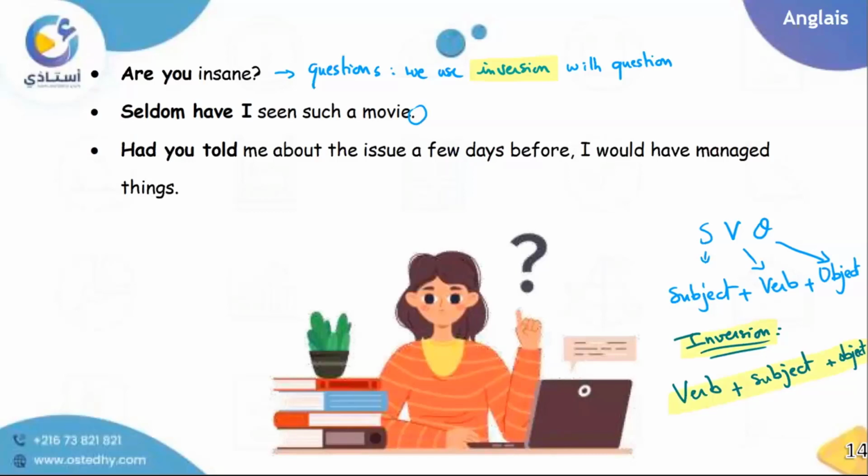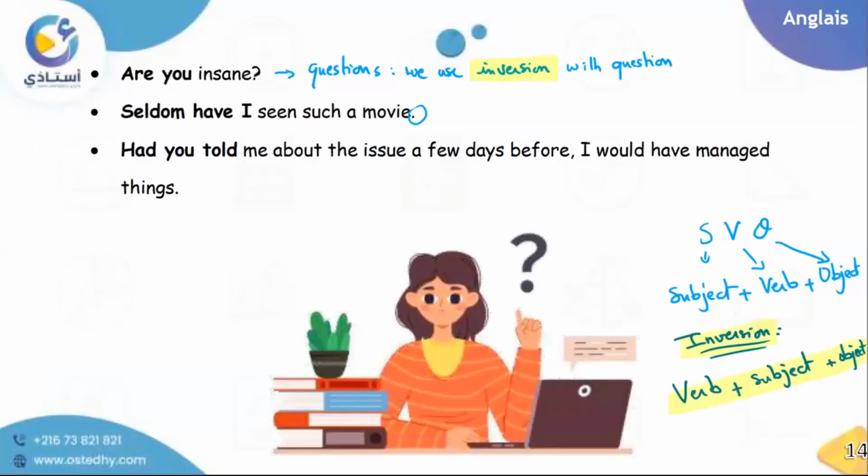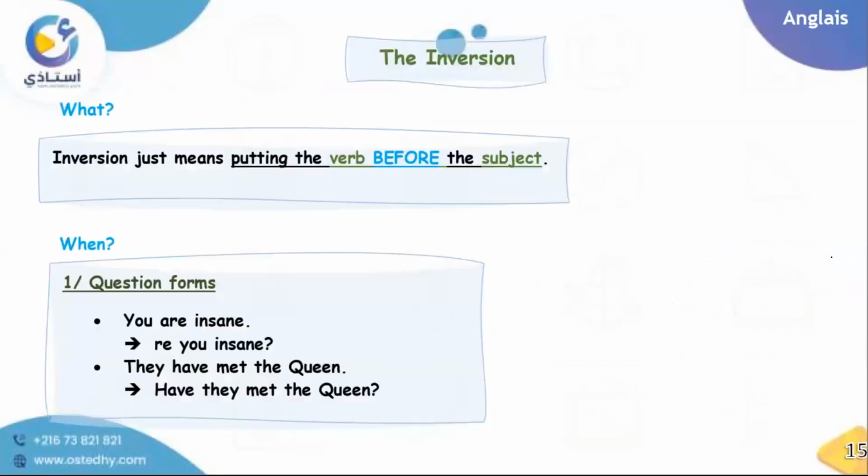Okay, let me explain. As with questions, sometimes we can also use inversion. What is inversion? It just means putting the verb before the subject, as we said here. So we have verb, subject, object, instead of the agreement, which is subject, verb, object.